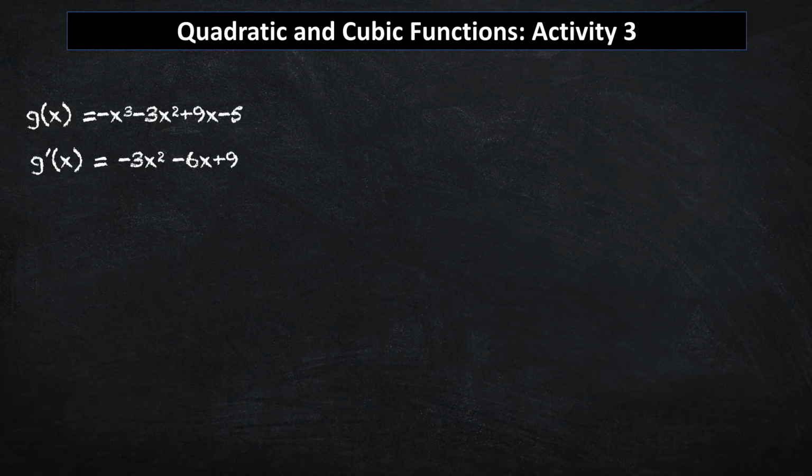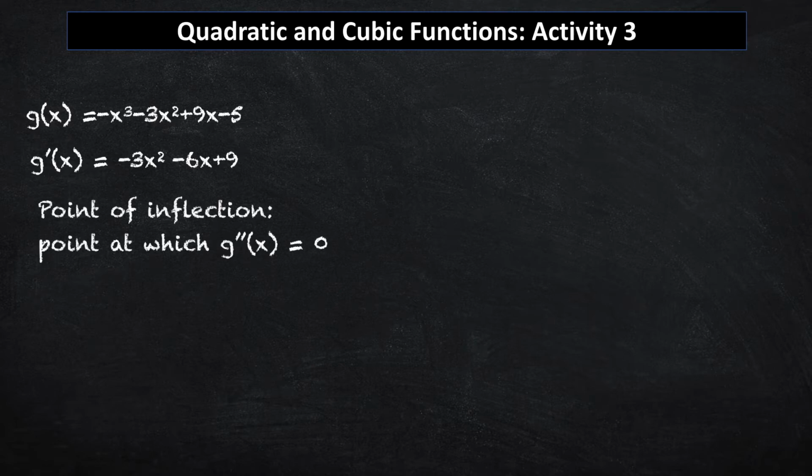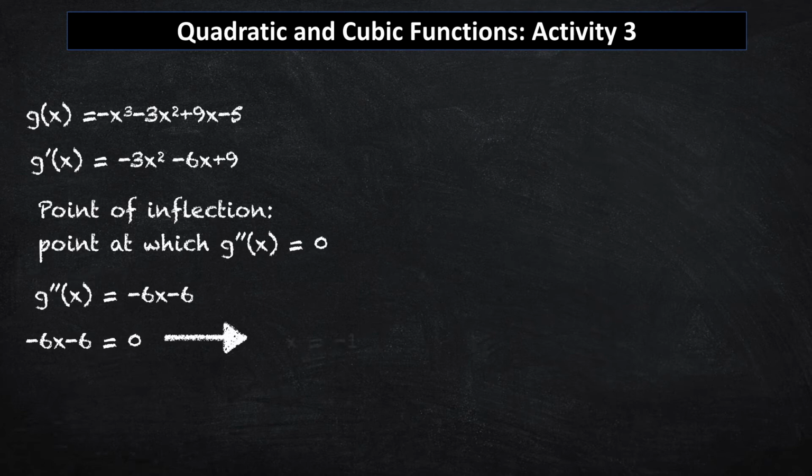Now we want to compute also the point of inflection. To compute the point of inflection, we need to compute the second derivative and put it equal to 0. So the second derivative of the function g is minus 6x minus 6. We take this and we set it equal to 0. This is a first order equation, and the solution to this equation is x equal to minus 1.